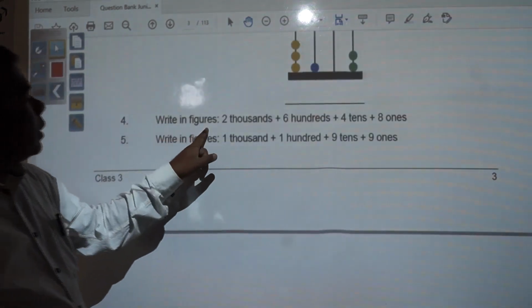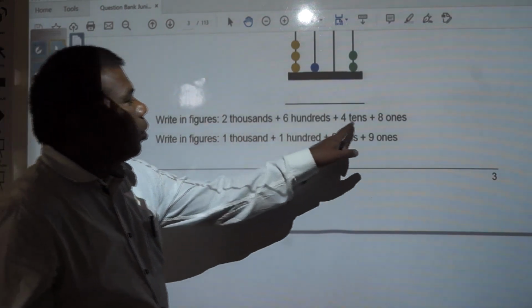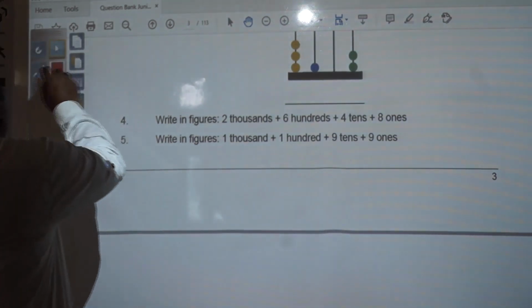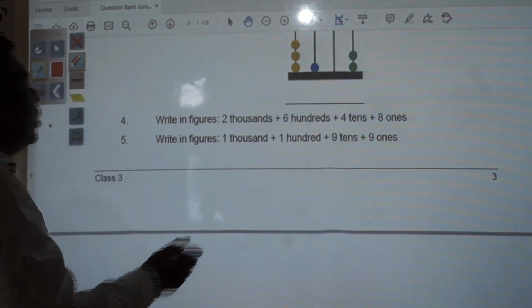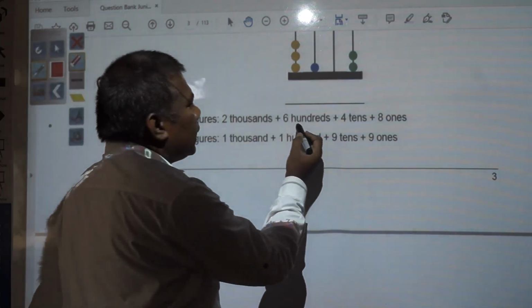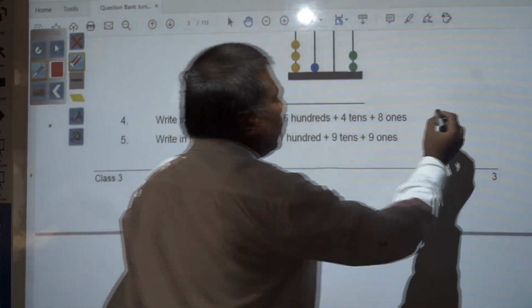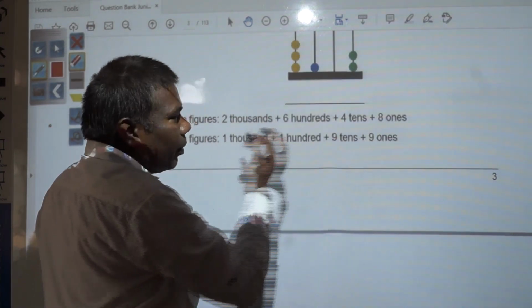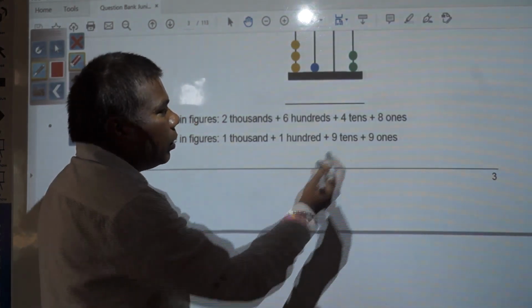write the figures 2600, 4 tens and 8 ones. So which number is going to be formed? You see, 2600, 4 tens and 8 ones. In thousands place, start writing from rightward, so it will be easier to understand and it will be easier to write.